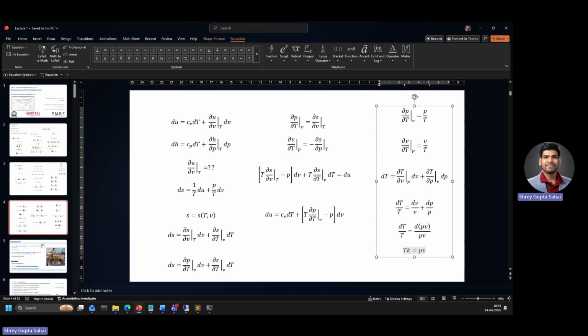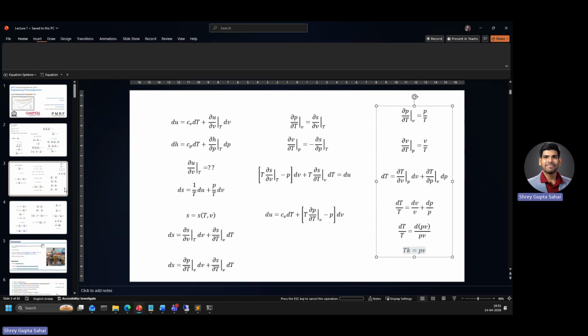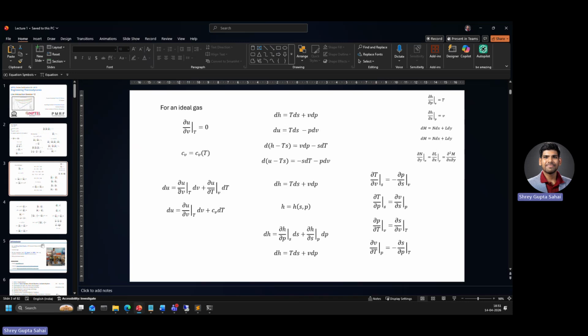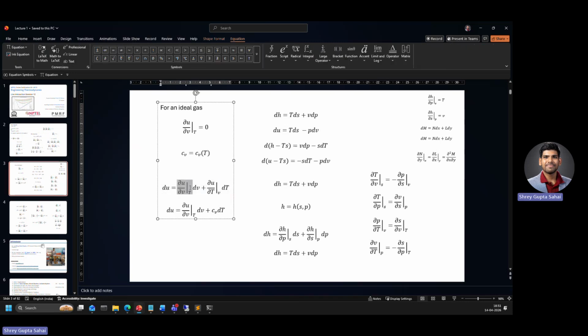Now, once you have proven that U has to be a function of T, then you can derive and show that CV is only a function of T. How do you do that? We go back. If Q is only a function of T and does not depend on V, then this goes to 0.